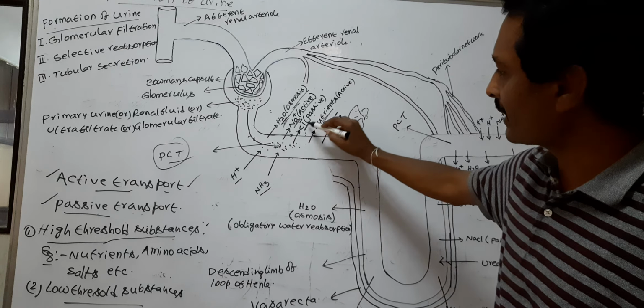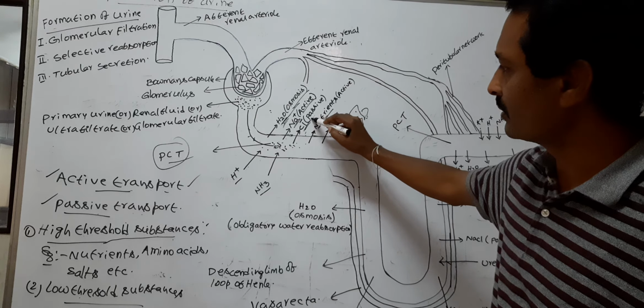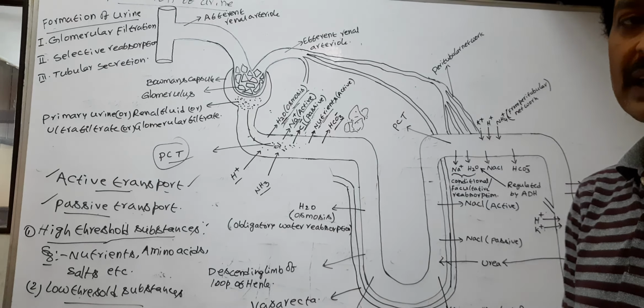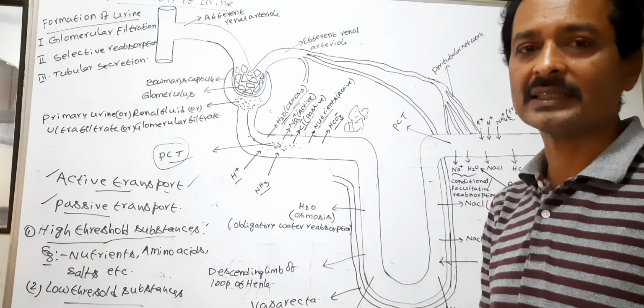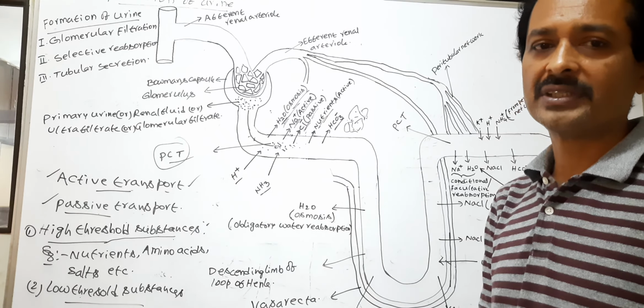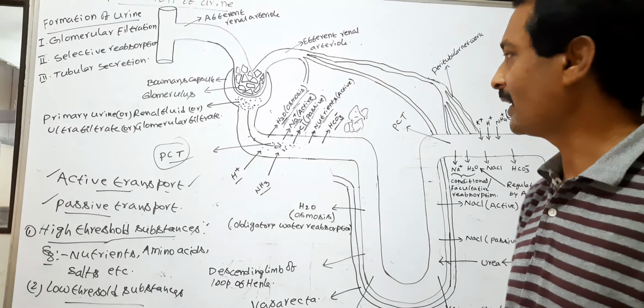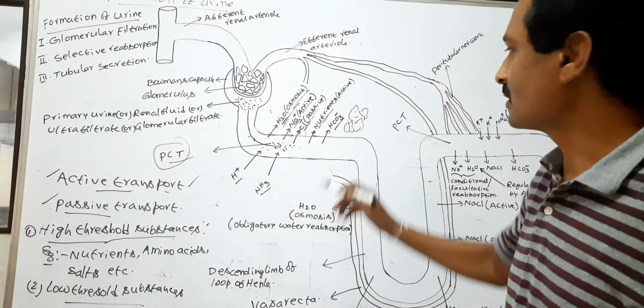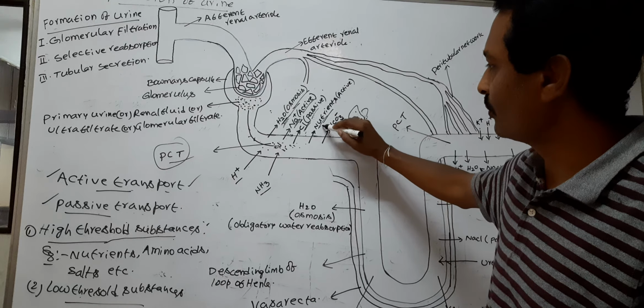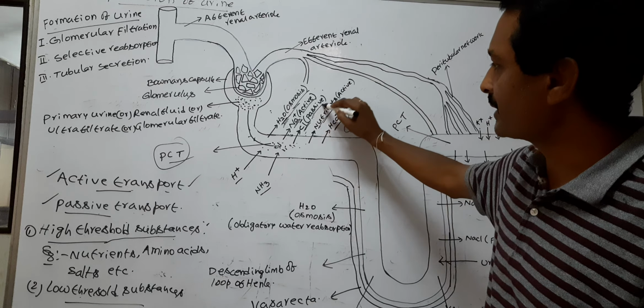Next, chloride ions are transported by passive transport. Passive transport means the biochemical substances are transported from the area of high concentration to low concentration.